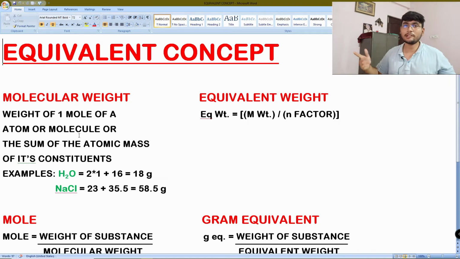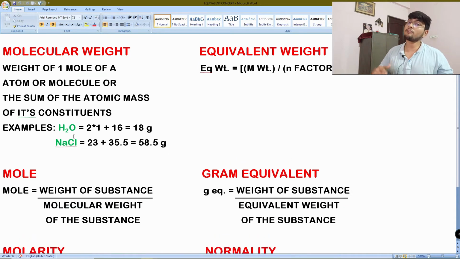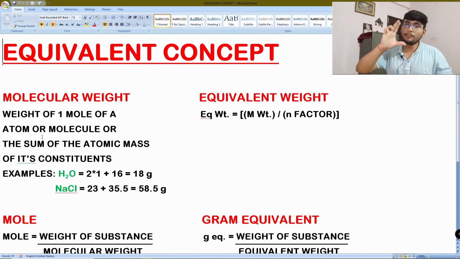If you want that also, comment down below and I will make a full detailed video on that as well. I am going to tell you the basic terms through which you can remember exactly what molecular weight is and apply it in numericals or while doing practicals.